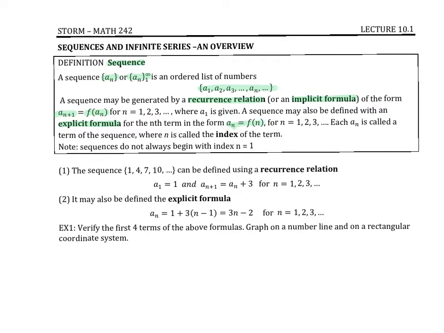For example, the sequence 1, 4, 7, 10, and so on can be defined using a recurrence relation. And in a recurrence relation, we have to define the first term. So here my a sub 1 is equal to 1 because the first term in my sequence is 1, a sub 2 would be 4, a sub 3, 7, and a sub 4, 10.